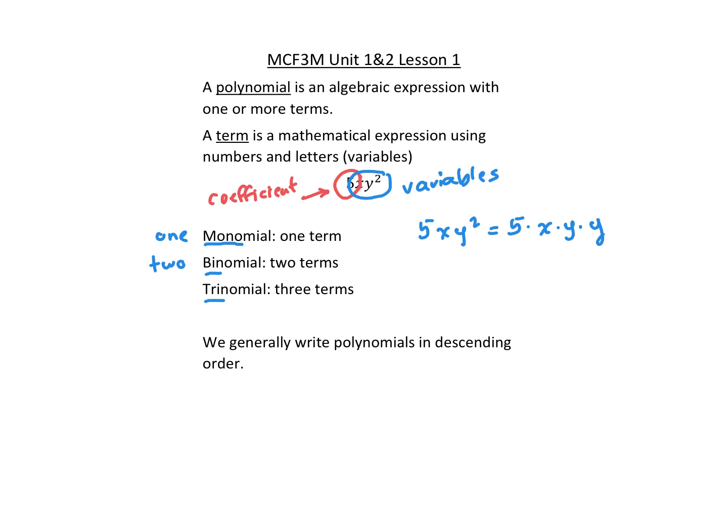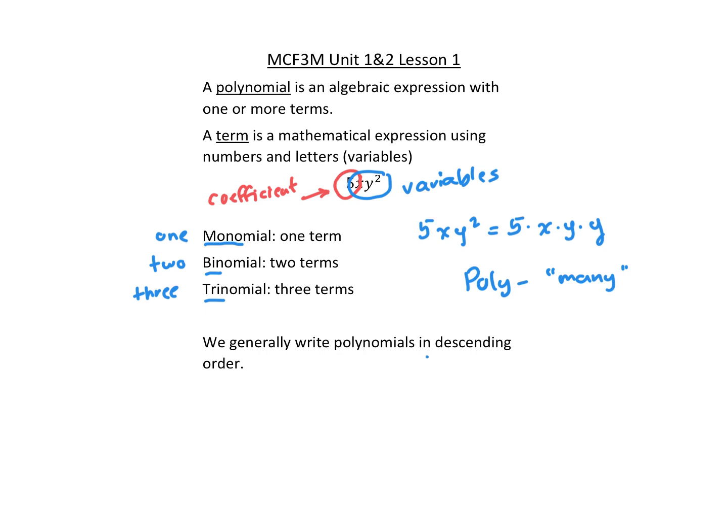And if we have three terms, we call that a trinomial, because tri means three. So if we have more than three terms, we generally just refer to it as a polynomial. So poly means many, and that refers to all polynomials, so all terms, whether it's a monomial, a binomial, a trinomial, or more than three, we just refer to that group as polynomials.